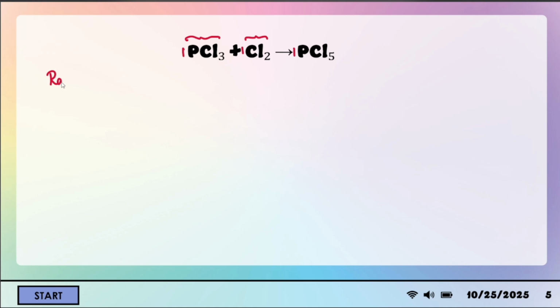So rate will be equal to proportionality constant K, concentration of the reactants PCl3 and Cl2. So as per the rate law, we have to add the X and Y as the powers. Here the X and Y are the exponents.